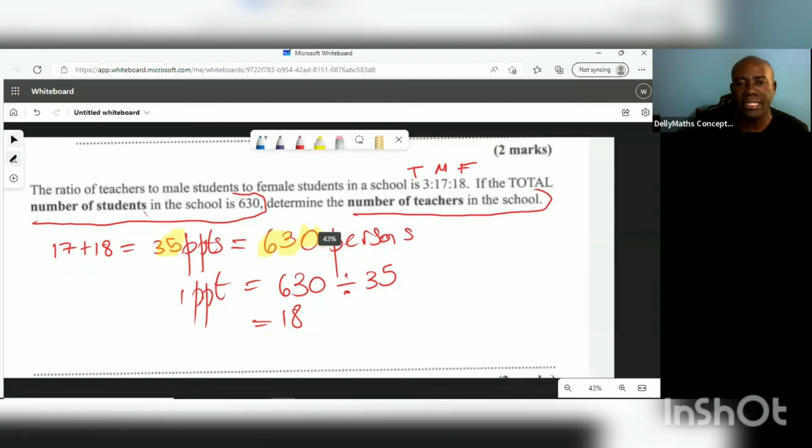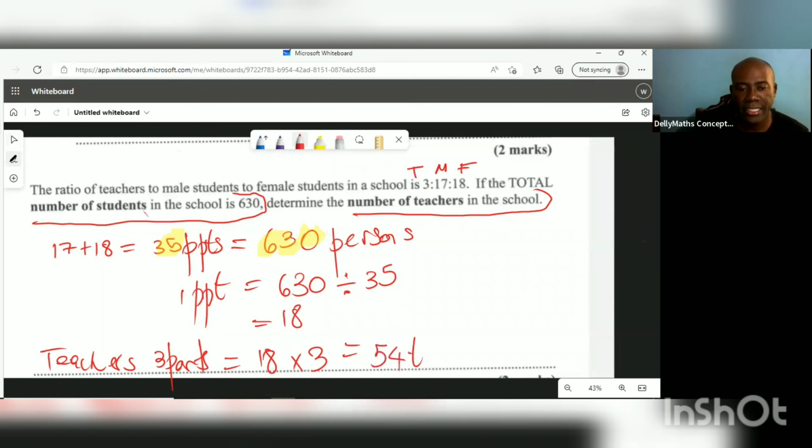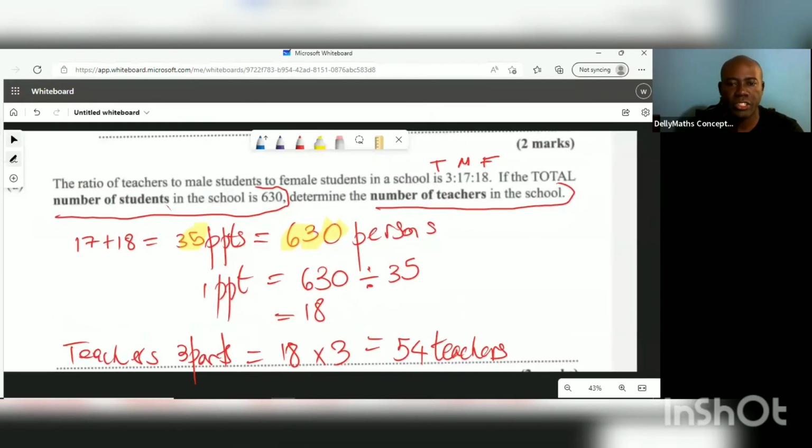Remember now that the teacher section was actually 3 parts. Therefore, it's 18 times 3, so we multiply that by 3. And guess what? We have 54 teachers in the school. All right, 54 teachers in the school.